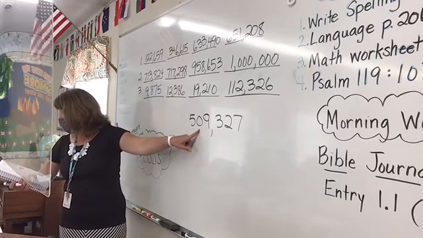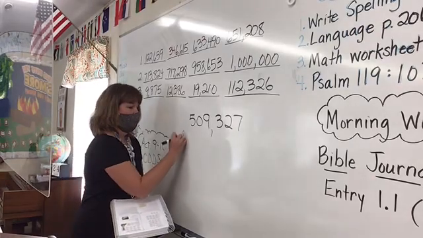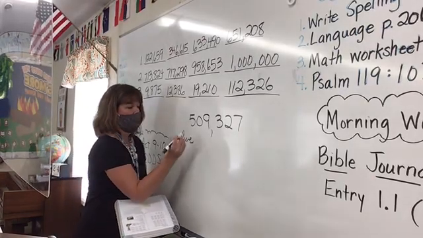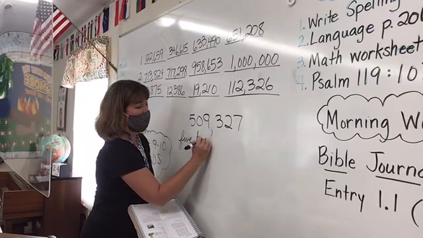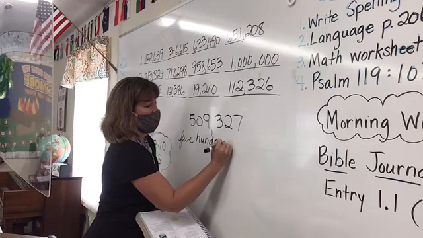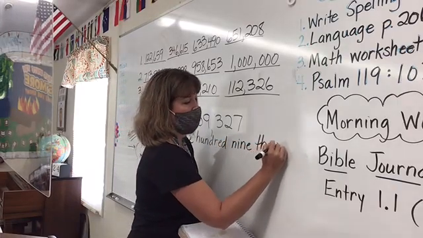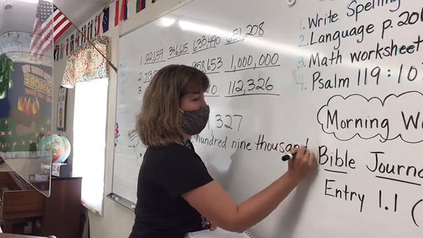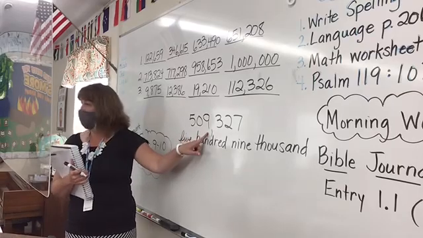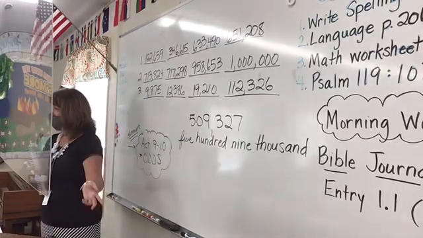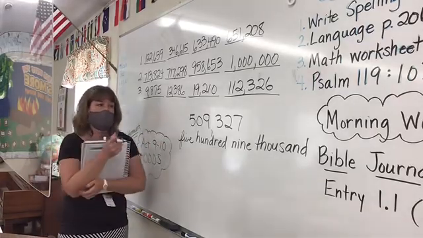And then the word form, you should have written like this. 509,000. Right? Because if you just look at that number right there, you would say 509, but it's in the thousands period. So you say 509,000 and then 327.